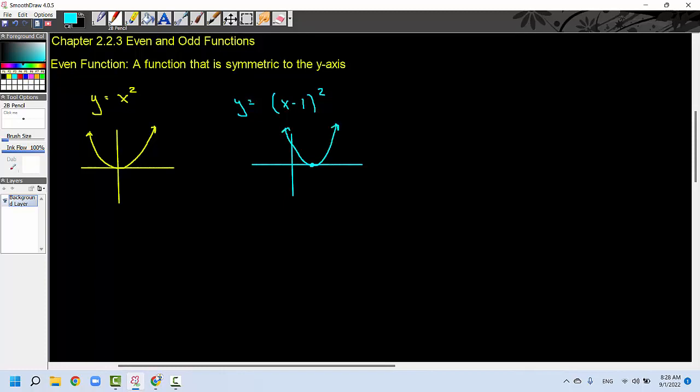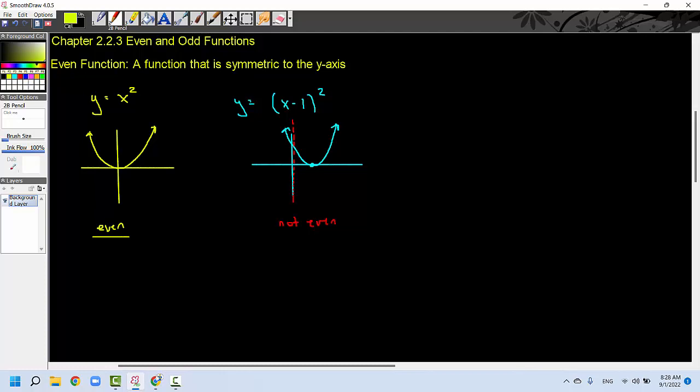One of the consequences of shifting that parabola to the right by 1 is that, even though the parabola is symmetric across its vertex, if I was to take a knife and cut down the y-axis like that, I wouldn't have symmetry across the y-axis. So this one would be considered not even, but this one here would be considered even. All right? So let's just make sure that we're clear about that. I remember that used to confuse me a lot when I was younger about what an even function was.